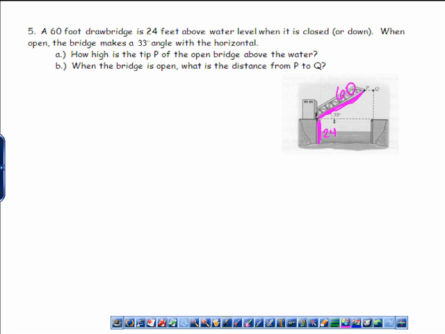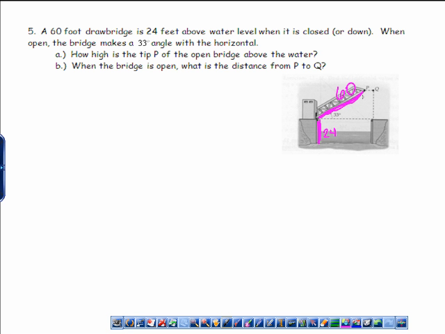We have our 33-degree angle with the horizontal, or our angle of elevation, and the first question they're asking us is, how high is the tip P of the open bridge above the water? So when the bridge is open, how high is P above the water?